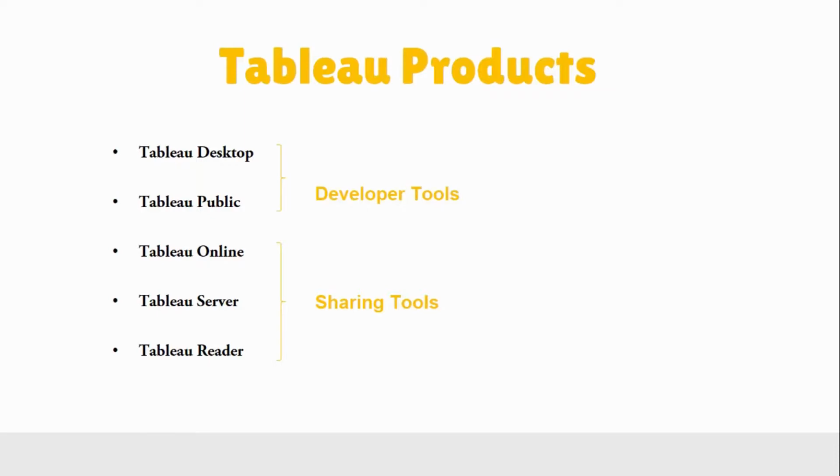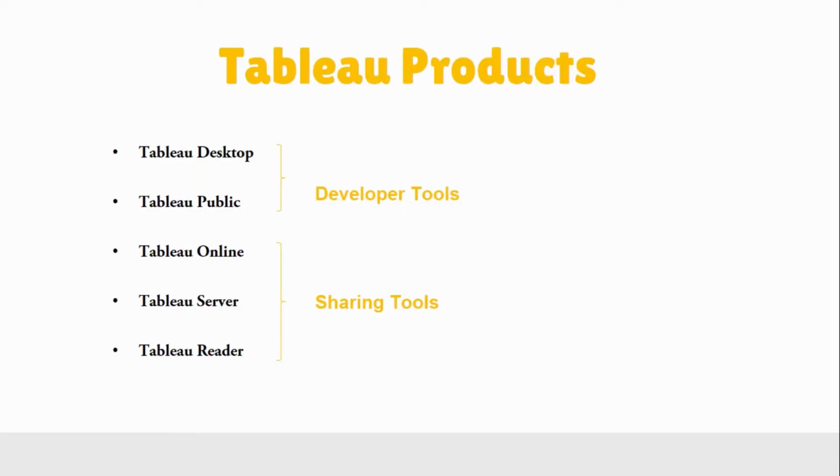Broadly, we can classify the Tableau products into two categories: the developer tools and the sharing tools. In any visualization tool, the first thing is we extract the data, we import the data, then we try to understand the data and create visualizations out of it. Once we have created the visualizations, they need to be combined together.